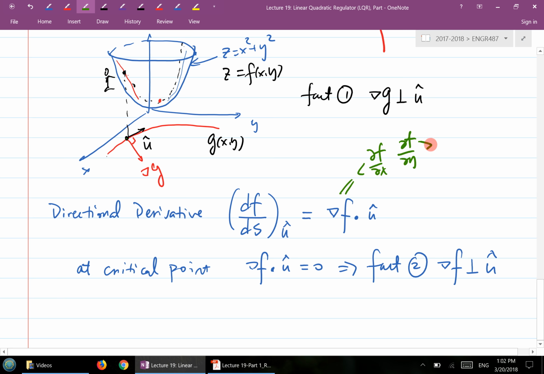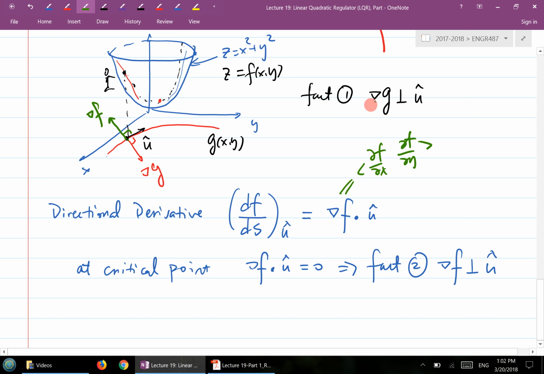At this location, del g is always perpendicular to u hat. So u hat is a tangent vector to g, and del f will be perpendicular to u hat too. Both del f and del g, the way I draw, are in the xy plane.